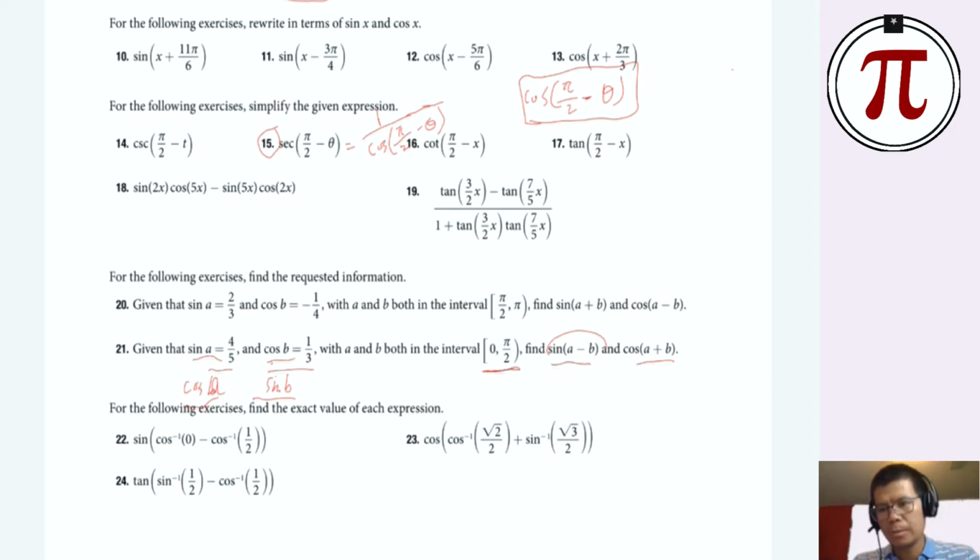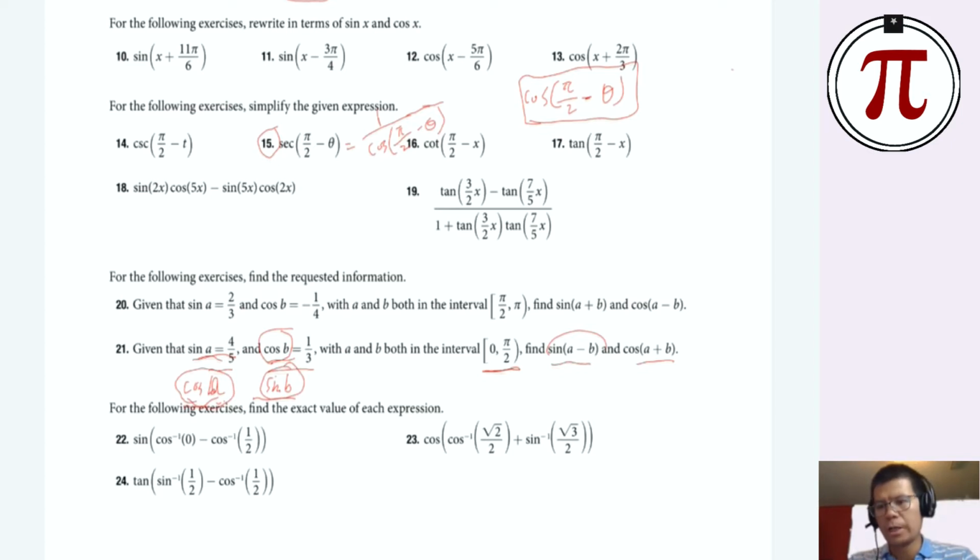Now, if sine A is 4 over 5, what is cosine A? Given that it's in the first quadrant, it's going to be positive, right? So sine A is known, so using the Pythagorean identity, you can find cosine A. Similarly, given cosine B, you can find sine of B using the Pythagorean identity.